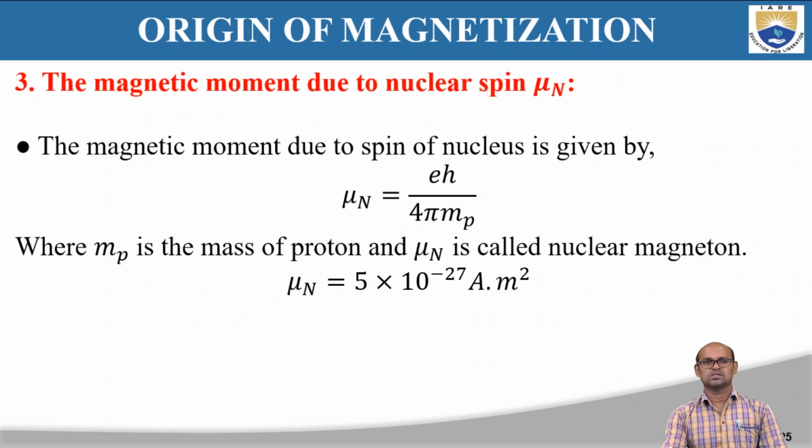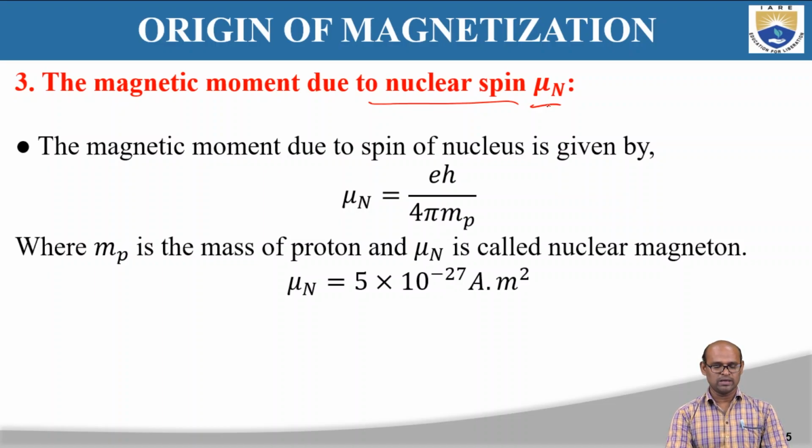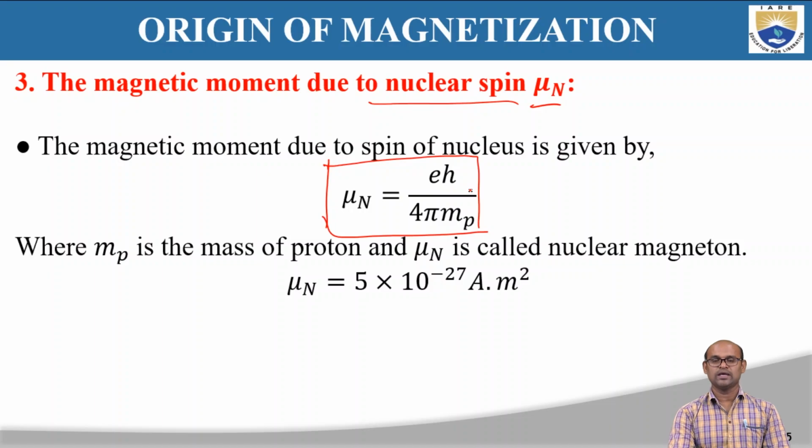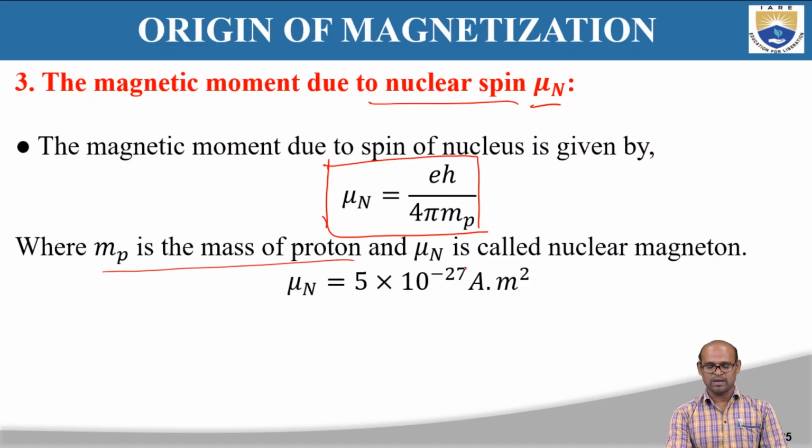The third source of magnetization is the nuclear spin, denoted by mu n. The magnetic dipole moment due to the spin of the nucleus is given by mu n, which is equal to eh by 4 pi mp, where mp is the mass of the proton and mu n is the nuclear magneton.